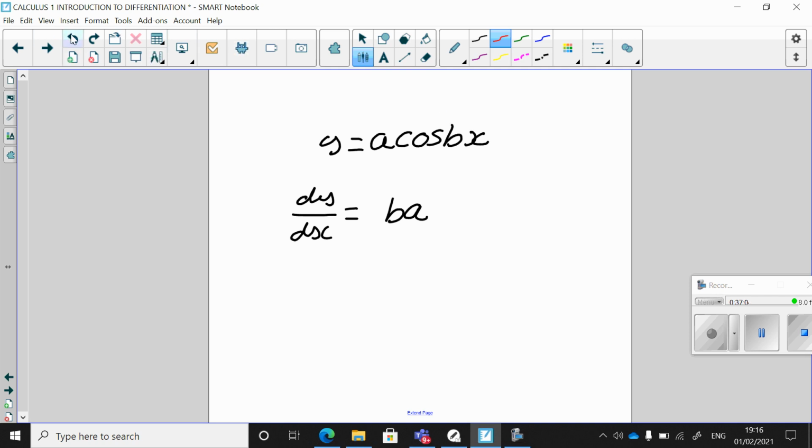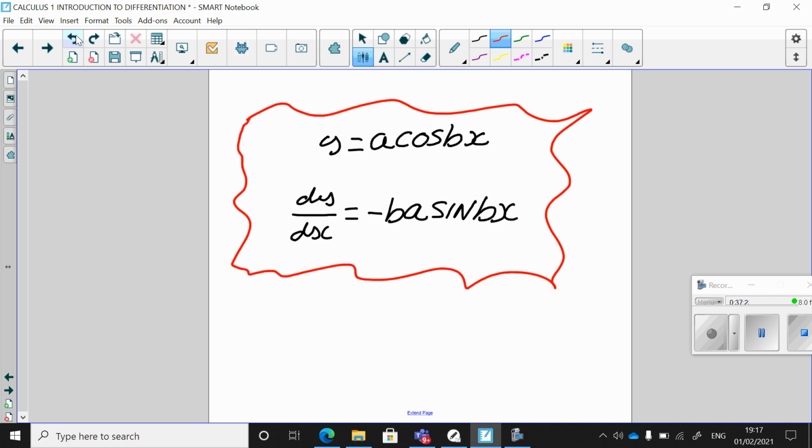But also remember, cosines go to negative sine. So that's why I put that in there. And whatever's after the sine or cosine part there, that will just be replicated there. Okay, that's it. That's the rule. We're just moving numbers or letters about the page here, doing a little bit of simplification.